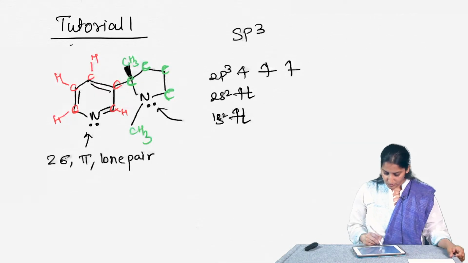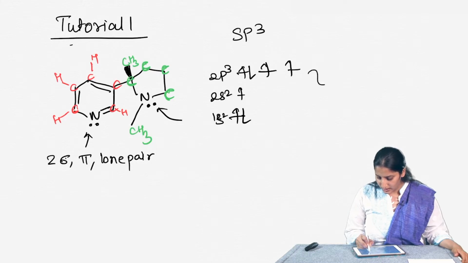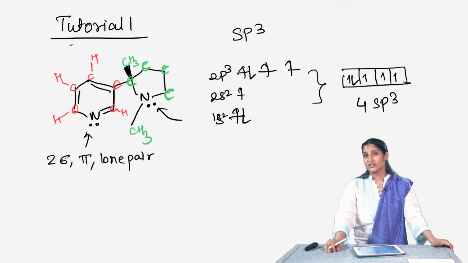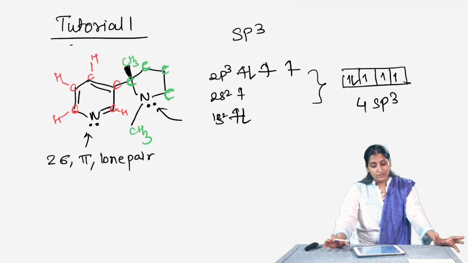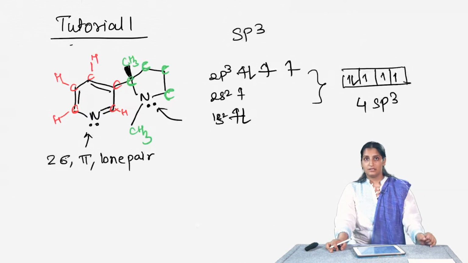In order to show that it does sp3 hybridization, we move one of these electrons up, so it goes to the excited state electronic configuration, and then we combine these 3 p orbitals and one of the s orbitals to form 4 sp3 hybridized orbitals. So, that is what the theory says. In this case, for this sp3 hybridized nitrogen, the lone pair resides in the sp3 orbital.